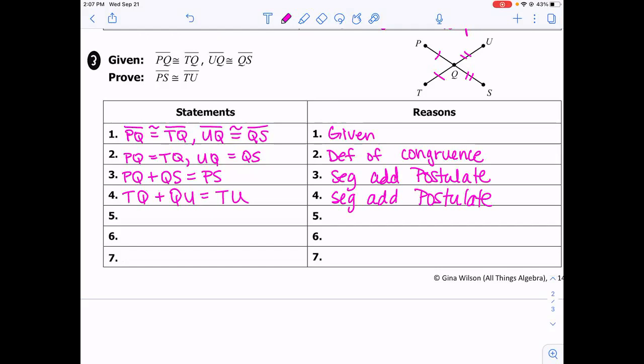What exactly is that again? The segment addition postulate. How do you combine PQ plus QS? It equals the whole thing. PQ plus QU equals the whole thing, PU.